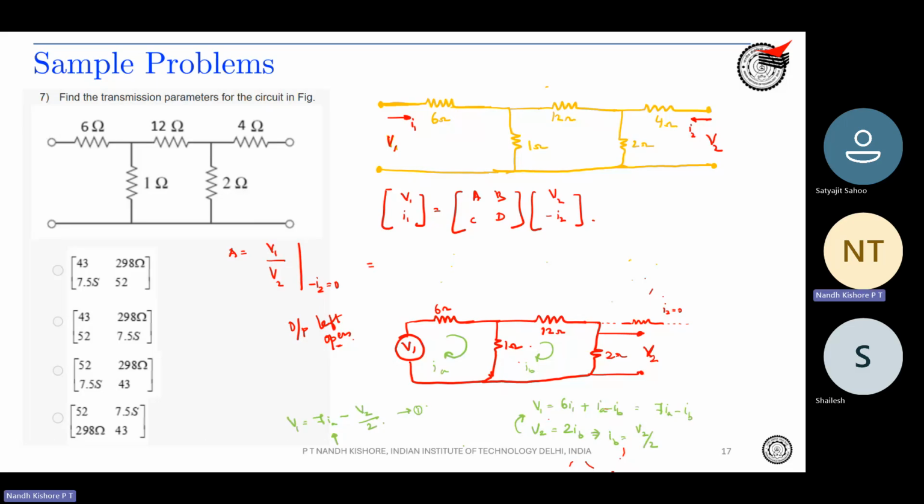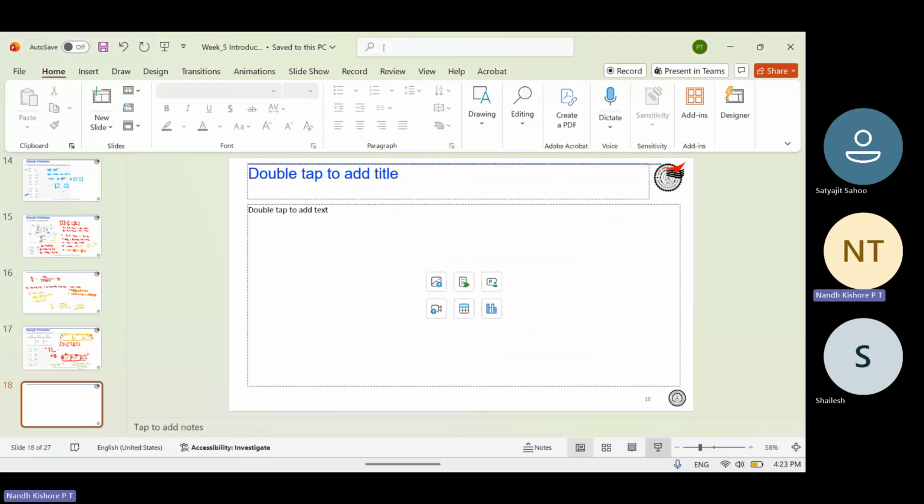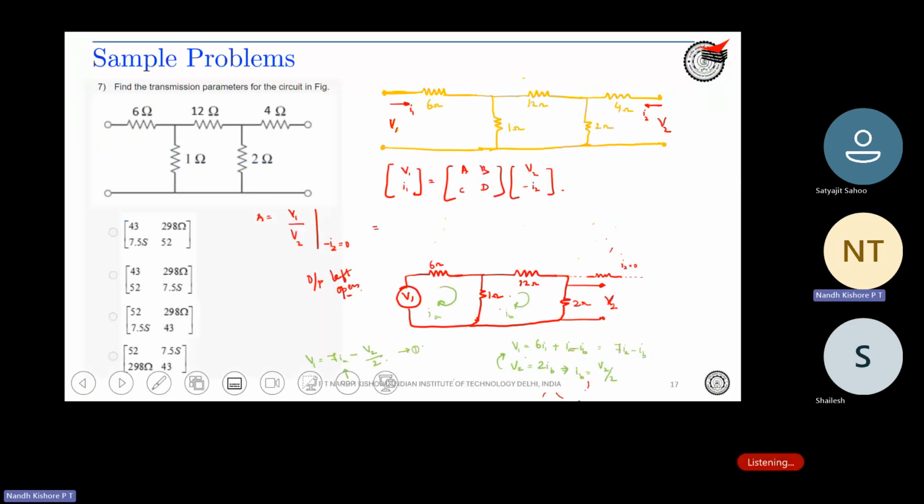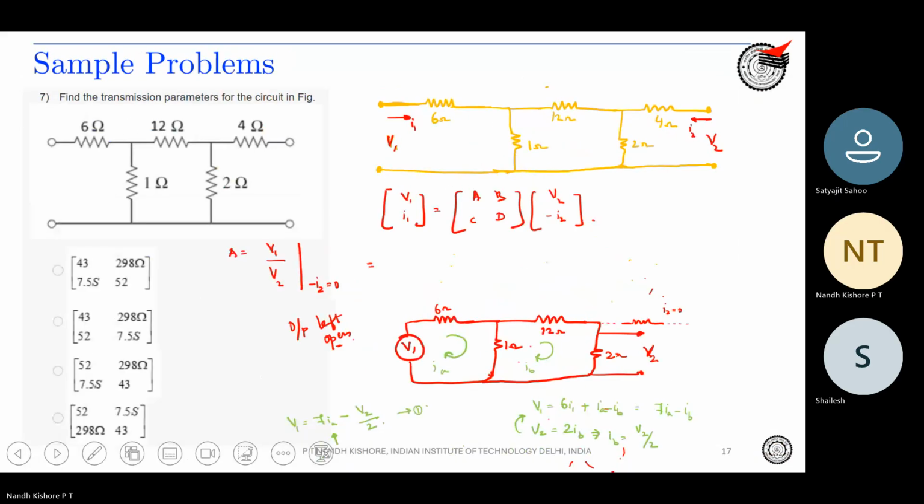So what is IA? Let's go to the next page.